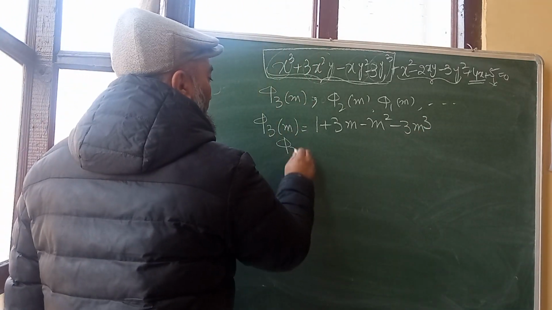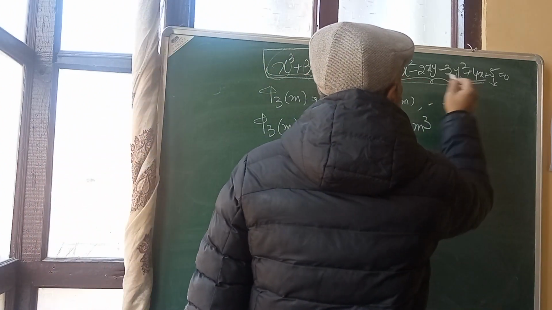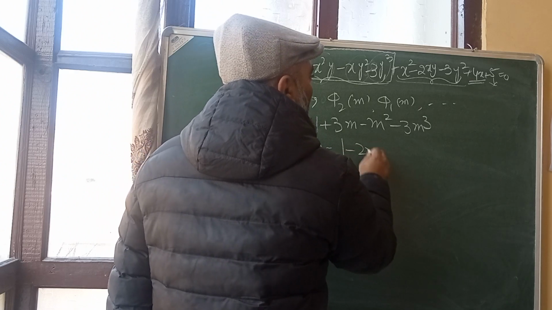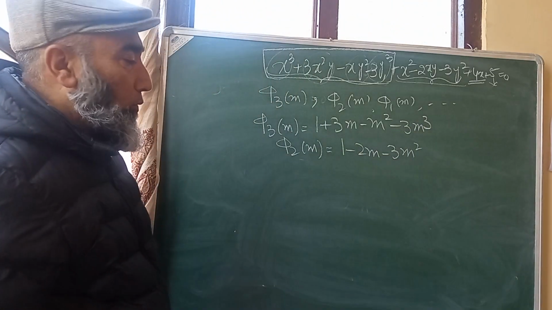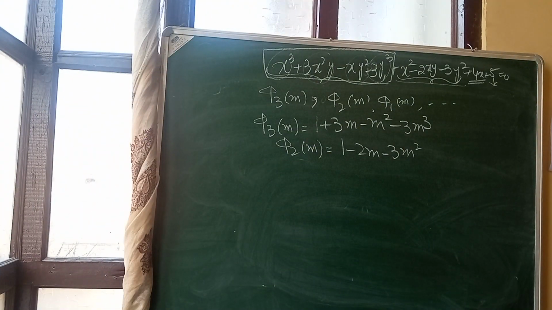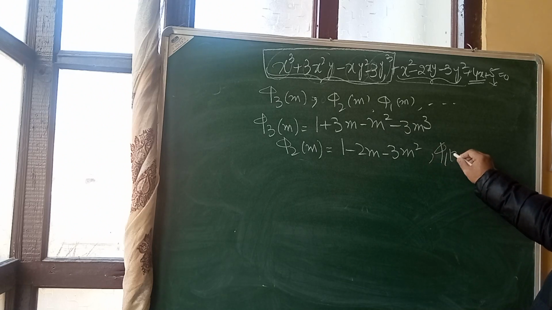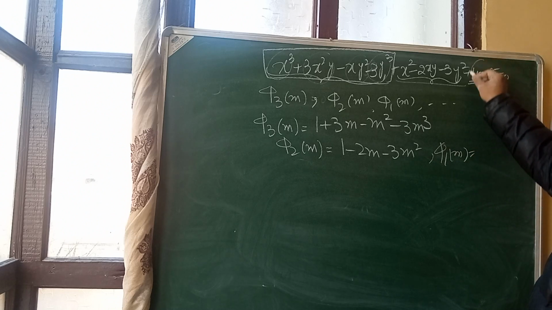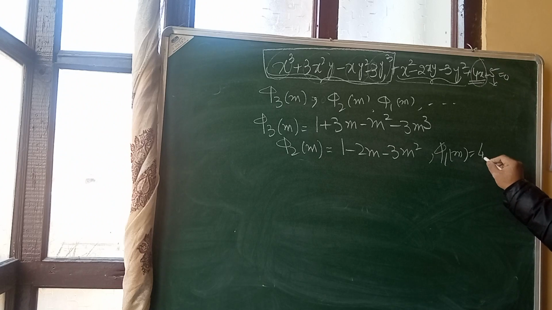Now phi 2m, those whose degree is 2. So 1 minus 2m minus 3m square. Then phi 1m. There is only one term whose degree is 1. Its degree is 0. So it is 4, x is 1. Okay, so it is 4 only.